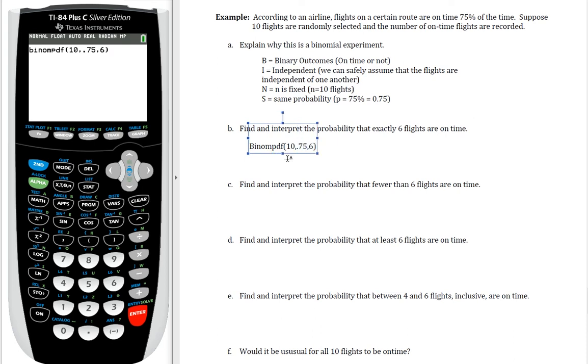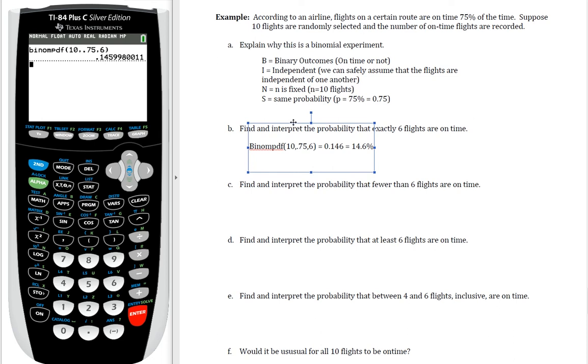That's what I'm trying to find. When I run that on my calculator, I get approximately 0.146. Or as a percentage, 14.6%. So that would be my likelihood.